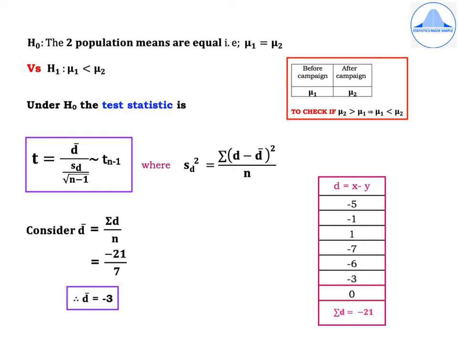So we get 64 minus 69 as minus 5. Similarly, 39 minus 40 is minus 1. Then we get 1, minus 7, minus 6, minus 3 and 0. So we get summation d is equal to minus 21. Substituting in d bar, we get d bar is equal to minus 21 divided by 7. Therefore, d bar is equal to minus 3.